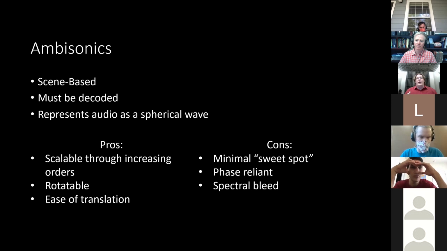Because of everything being recorded at a particular point in space, ambisonics is very phase reliant. This is one of the things that I experimented with in my master's project: how decorrelated two microphones needed to be from each other for them not to screw each other over when you mono-encoded them both into the same sound field.